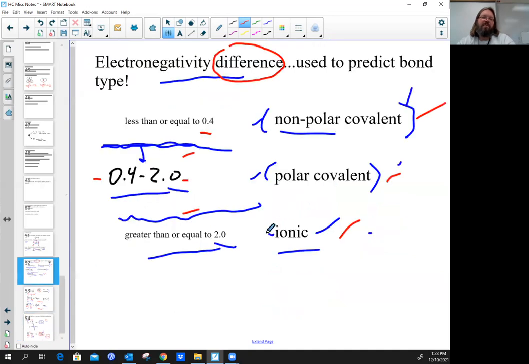Because remember, metal and non-metal equals ionic in our naming system. If it's 2.0, right between, and both of the elements involved are non-metals, then that means they're molecular substances that contain some level of covalent bond. So then I would say, hey, it's a polar covalent bond if it's right on the border, okay?